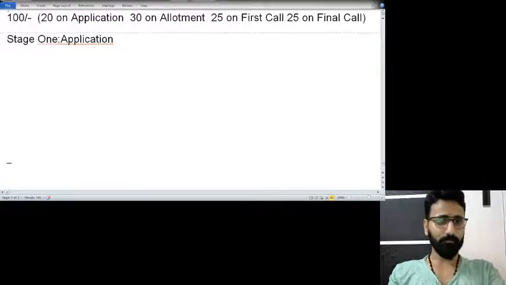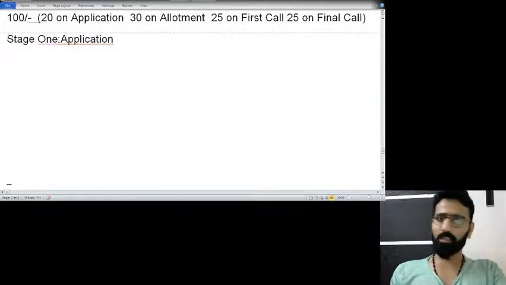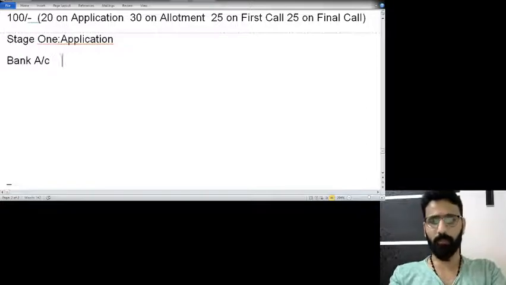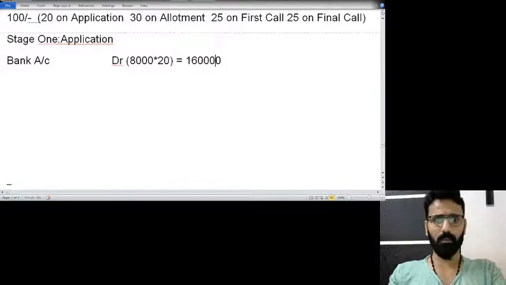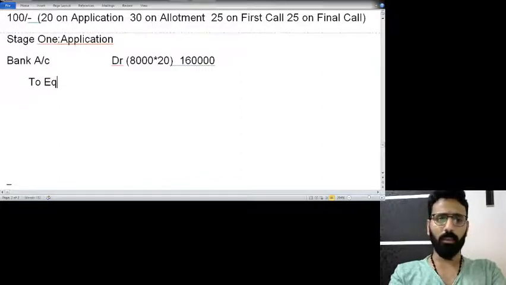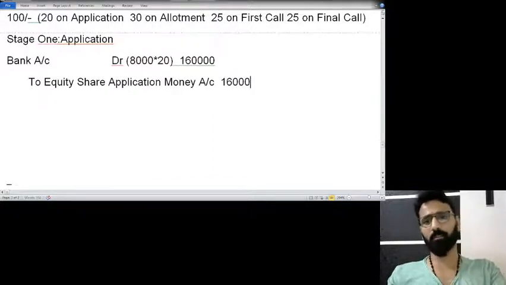Now, chalo, stage 1 first entry. When I issue the share, when you apply, what I receive is in my bank account, debit. How much do I receive? 8,000 applications into 20, that is 1,60,000. So my debit is 160, and you know that every debit there should be a credit to equity share application money account, and this is also 160.